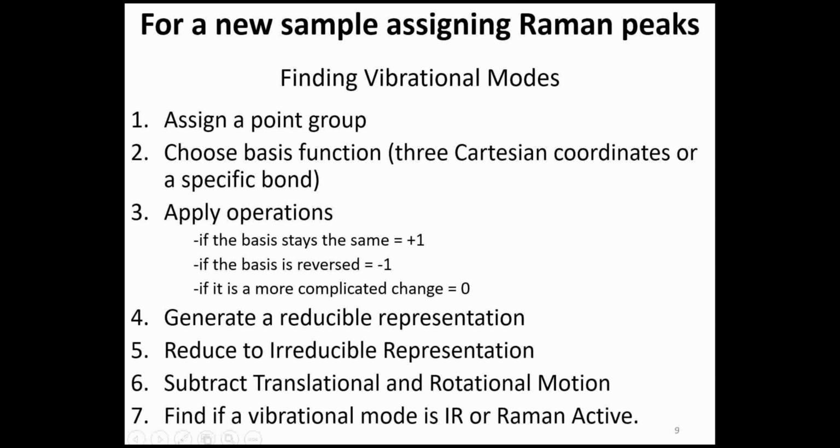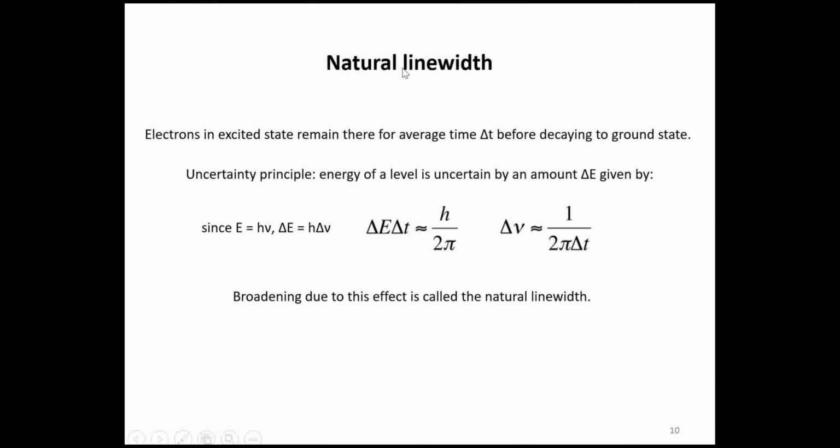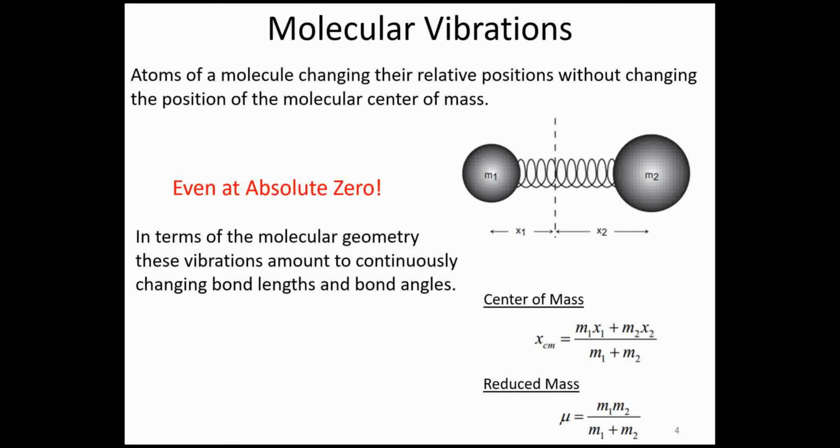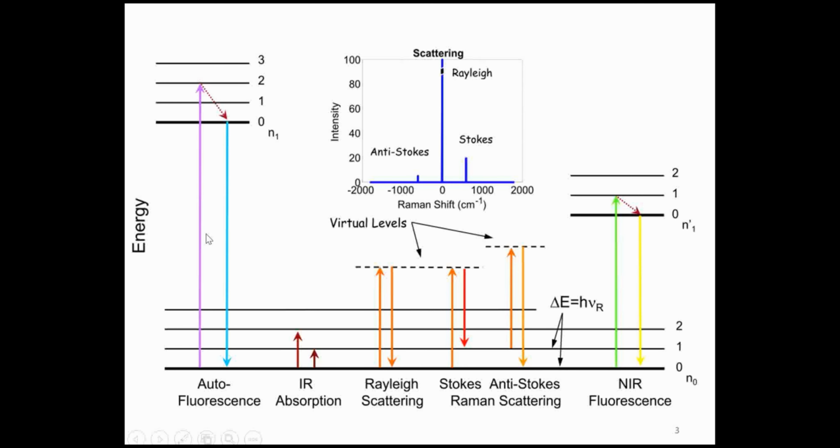So now, the natural line width. As we know, an electronic transition is a finite energy transition. Only a finite energy, delta E, is there. Whatever transition is there, it has a finite energy. So why don't we have infinitely thin transition lines?